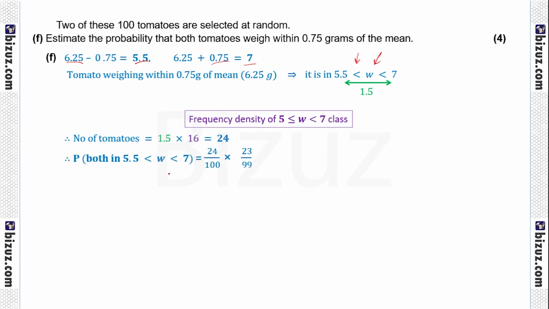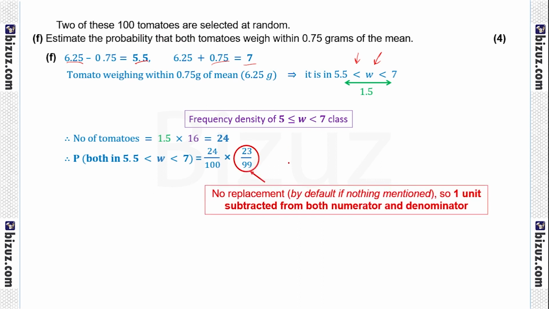All right. So the probability of being in this interval is, well, we are taking 2 tomatoes. It's not told whether there's replacement or not. But by default, if there's nothing mentioned, we should assume that there's no replacement. So first, we're taking a tomato from this group.